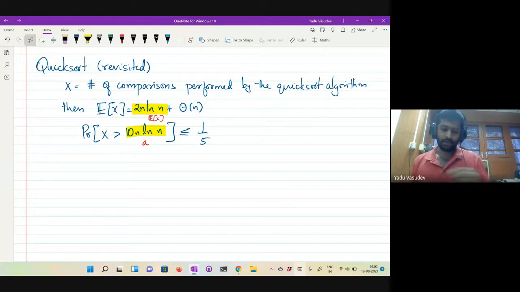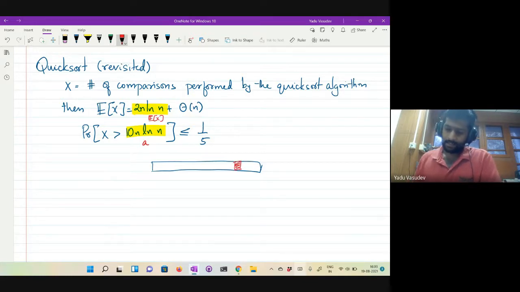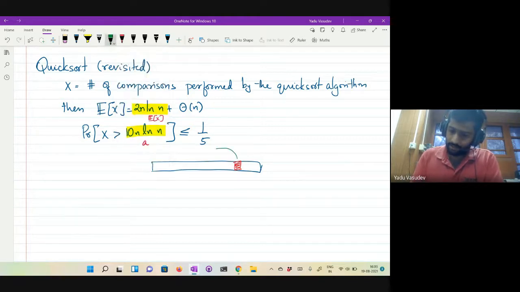So let's recall quicksort. What does quicksort do? You have an array, and you choose a pivot somewhere, say here. And you look at the correct position that the pivot should be in. Say this is where it should be.